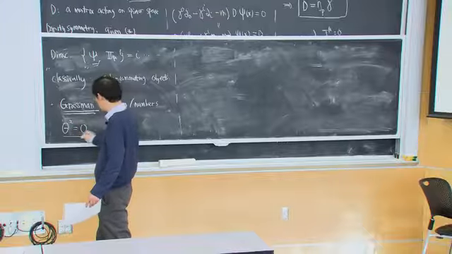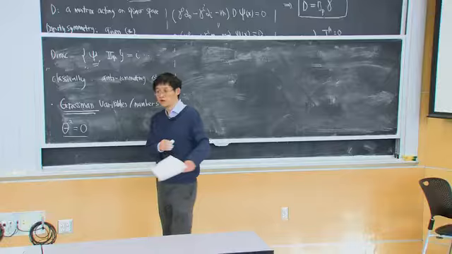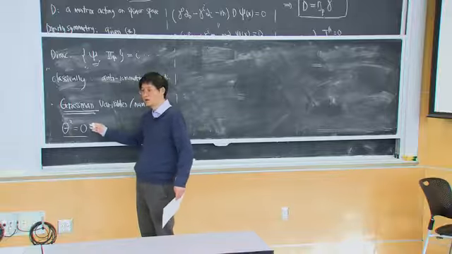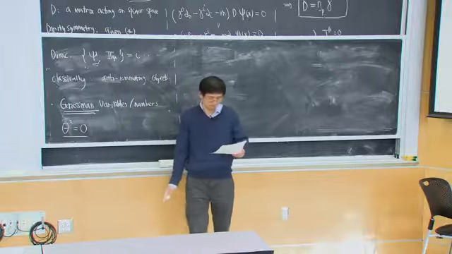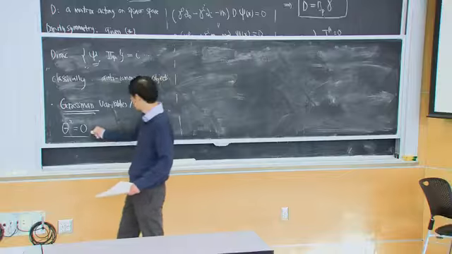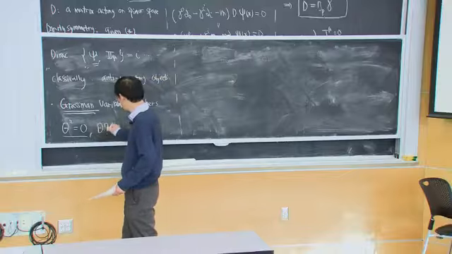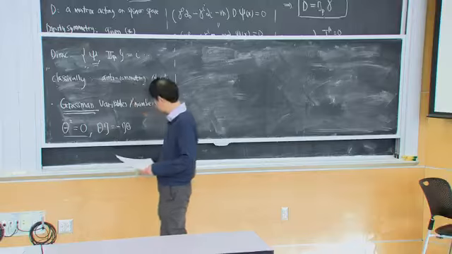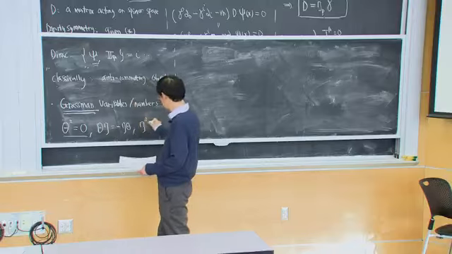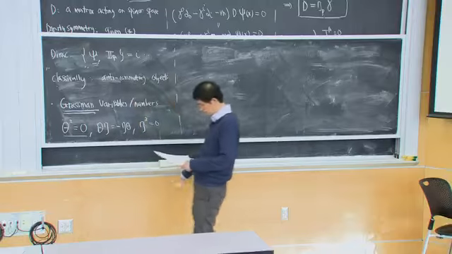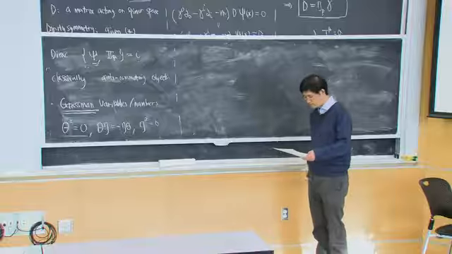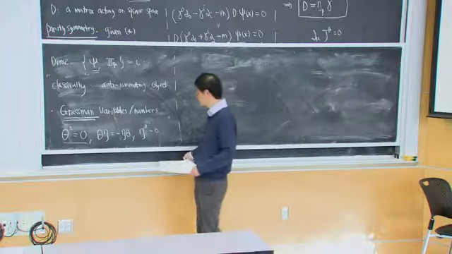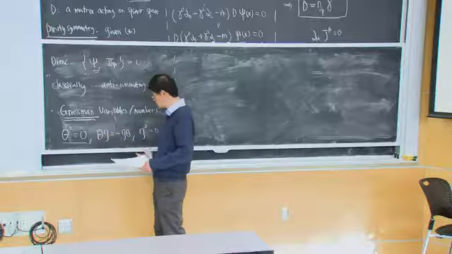If you have an anti-commuting object theta that anti-commutes with itself, it is 0, because theta squared should be equal to minus theta squared, and then of course it can only be 0. And if you have two such objects, theta and eta, then theta eta equals minus eta theta. And of course, eta squared should also be 0. This property makes this kind of object very simple.